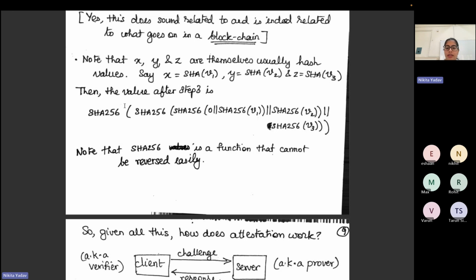That guarantee is provided by the SHA-256 cryptographic hash function, which has the property that it cannot be reversed easily.